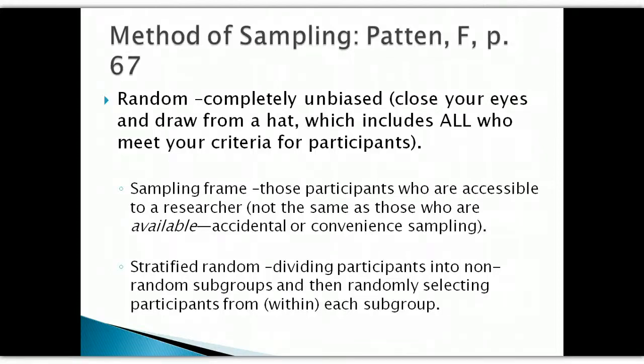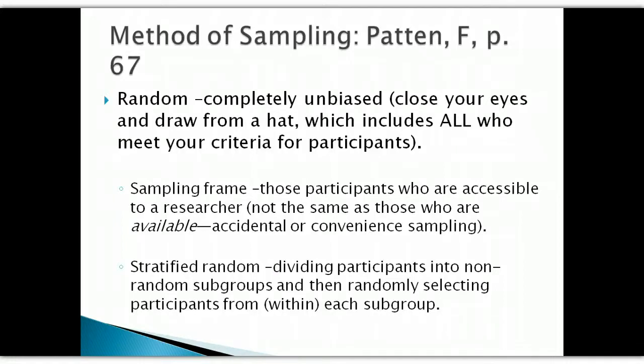There's also stratified random sampling. To do that, you divide participants into non-random subgroups, and then you randomly select within each subgroup. So the example the book gives is, let's say you're studying graduates of a high school, and you first divide them up into male or female. And that, of course, is not random, because you're dividing them up into groups based on gender. You're not just drawing names out of a hat for your sample.